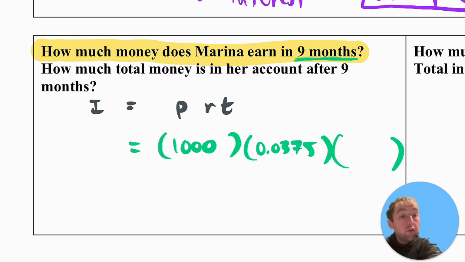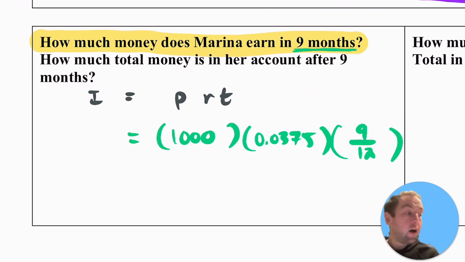Since there are 12 months in a year, 9 months is equivalent to 9/12 of a year, so you'd substitute in 9/12. If you know that's 3/4 or 0.75, you can put that in there as well and then compute the amount of interest using that formula.